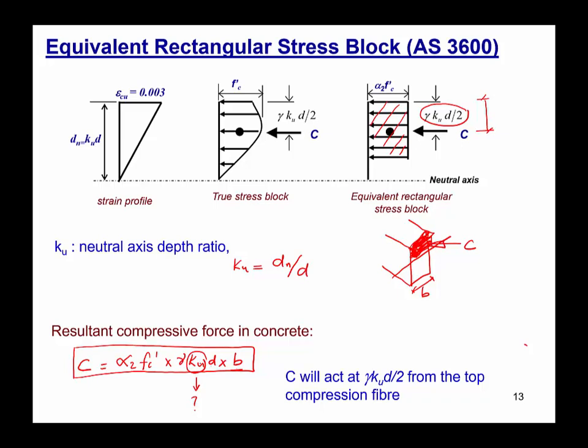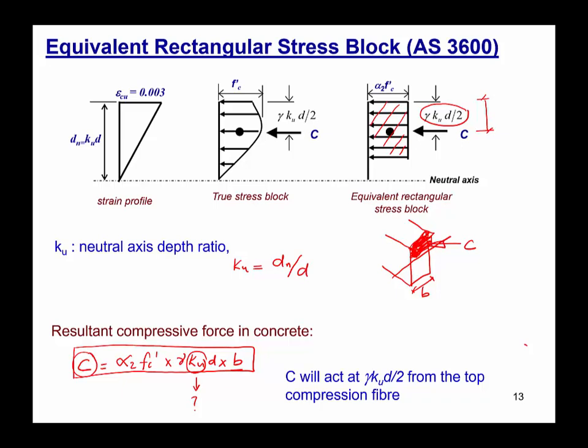So the only unknown parameter is Ku. We need to find Ku to find the compressive force acting in the concrete. To find the Ku parameter, that is the neutral axis depth parameter, we have to assume the type of failure of the concrete beam, and then we will find Ku, and then we will check that.